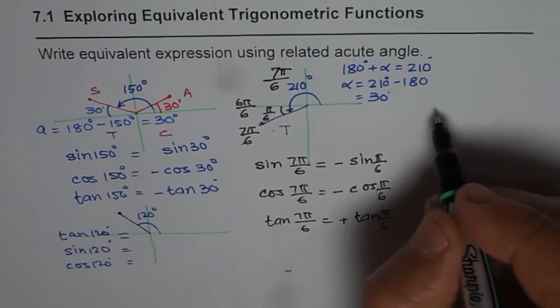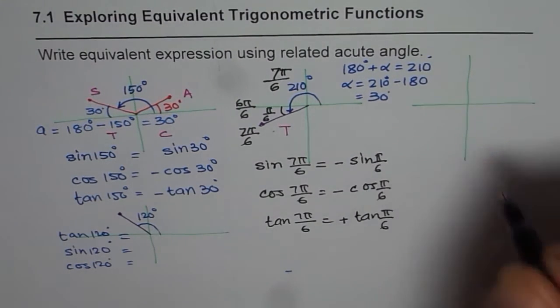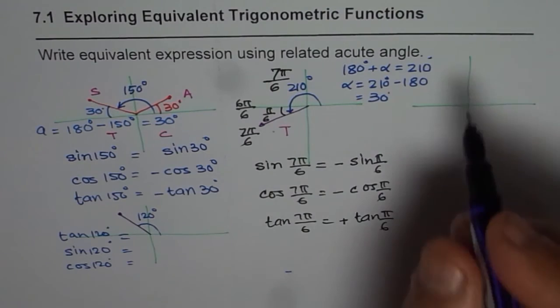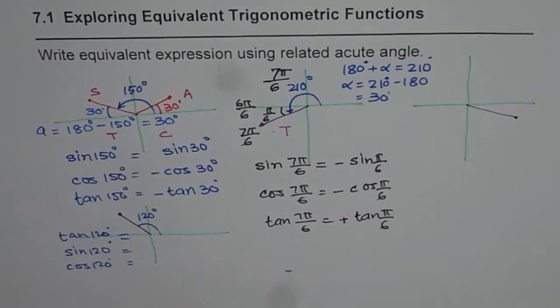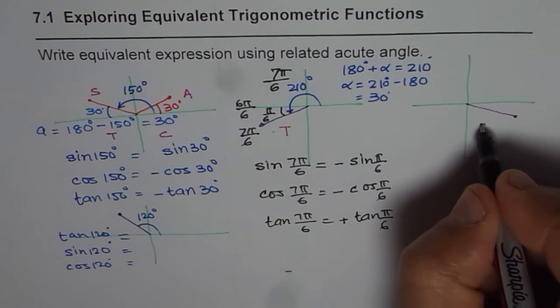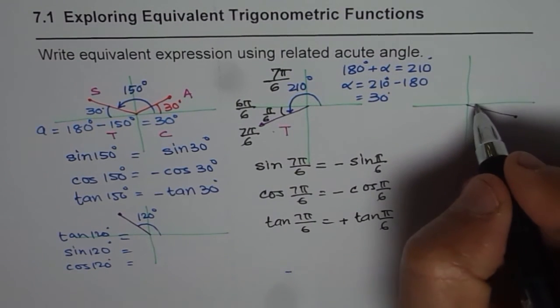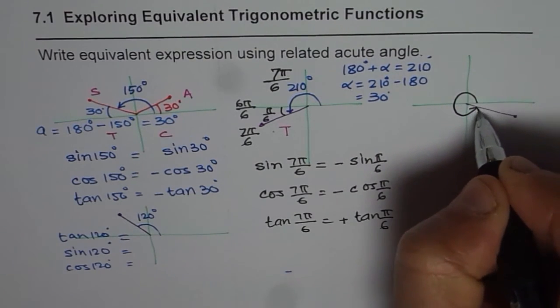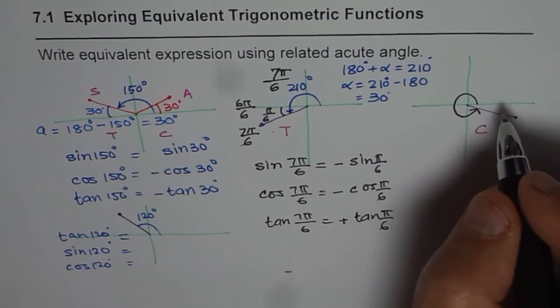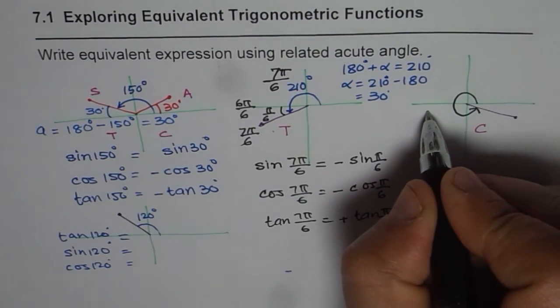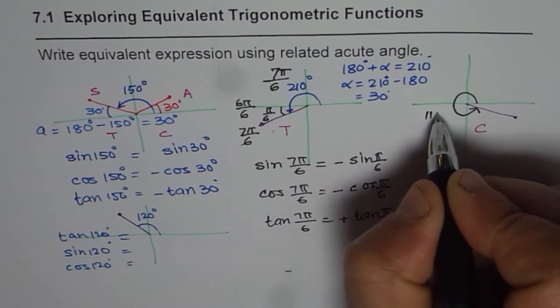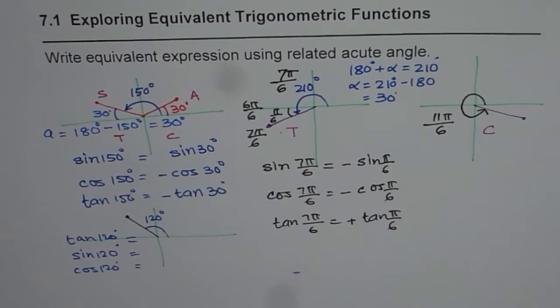Now let's consider one more case, and in this case, we'll consider the terminal arm in the fourth quadrant, right? In the fourth quadrant, as you know, only cos is positive. So I'm writing C here, saying that only cos is positive. Now let us take the related acute angle. Let's say the principal angle here is 11 pi by 6.